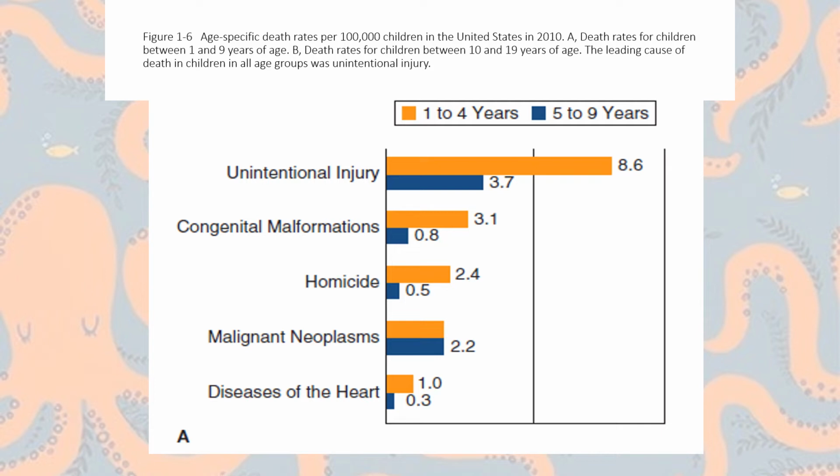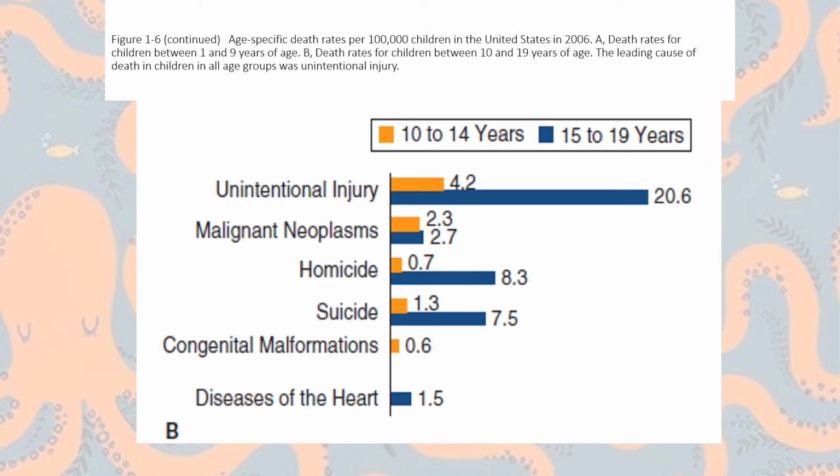Neoplasms, so cancer, this is about the same by age group. Diseases of the heart, this isn't talking about a congenital malformation. This is talking about atherosclerotic disease and heart attacks. So very low here. You can see unintentional injury is our main source of concern in those age groups.